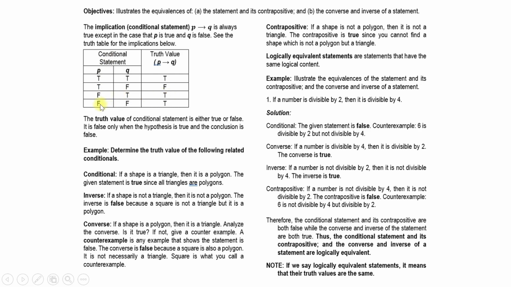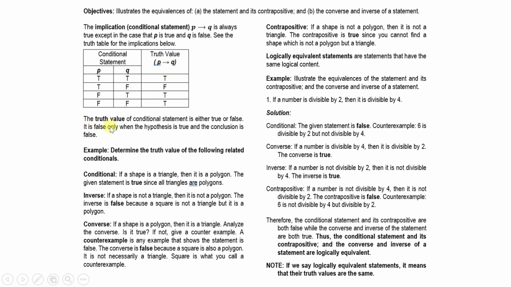If our hypothesis is false and our conclusion is also false, then our truth value is still true. In short, ang atong tan-awon lang nga case is that if our hypothesis is true and our conclusion is false, then our truth value is false.